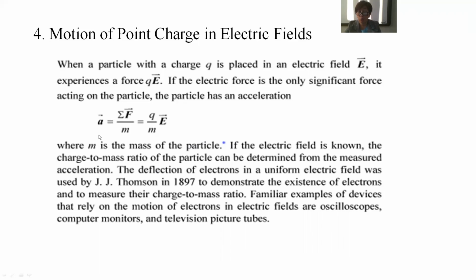Here, for acceleration, we know the characteristics of the motion. The second characteristic of the motion is acceleration. Acceleration is a vector, and acceleration equals the sum of forces divided by mass, and the force is replaced by the electric charge multiplied by the electric field, a equals qE over m, where m is the mass of the particle.